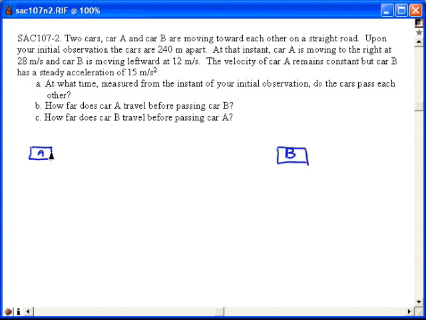Car A is initially moving to the right with a velocity I'll call VA0. And so VA at time 0 is moving to the right at 28 meters per second.